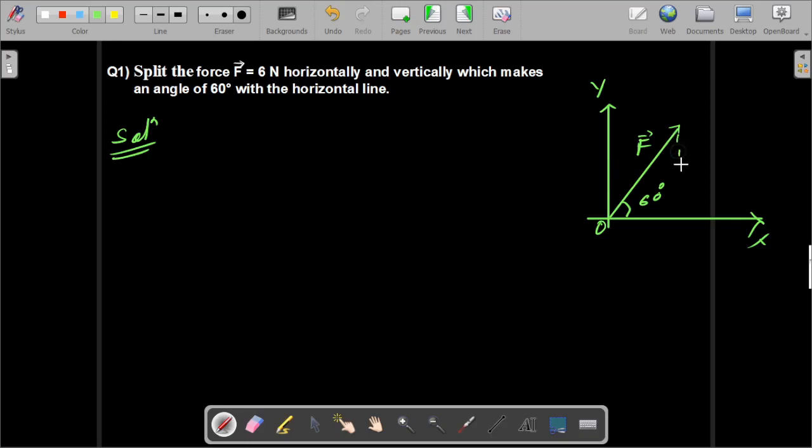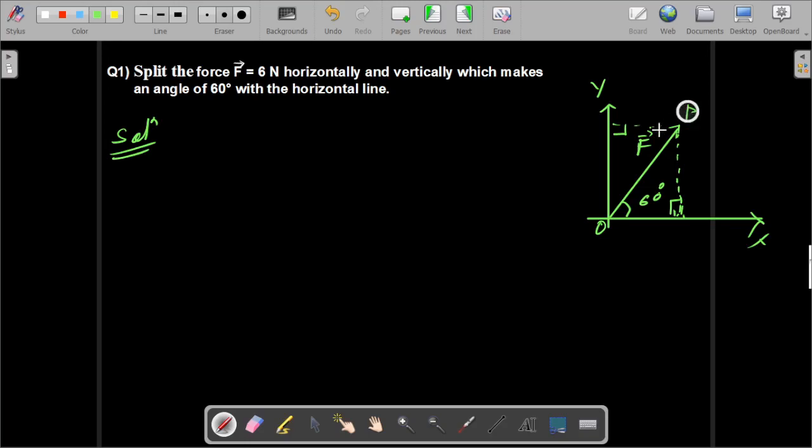You draw one line segment. Look at this.